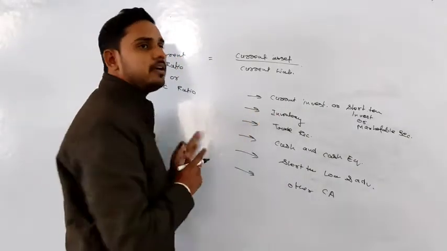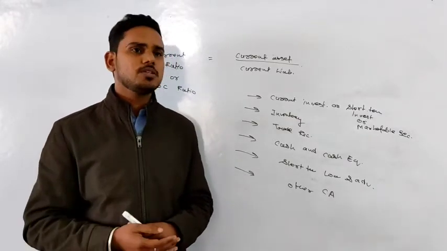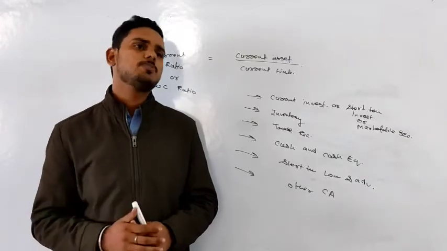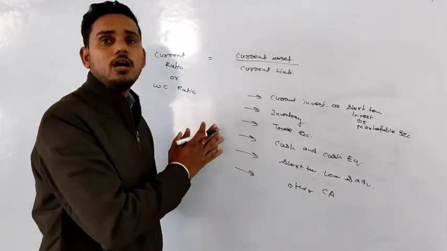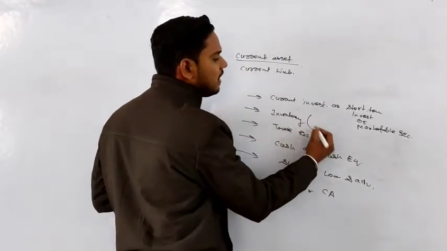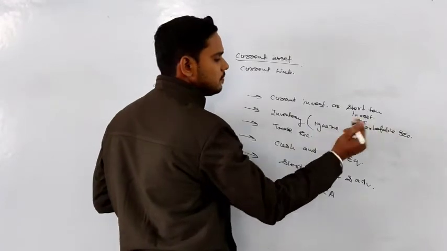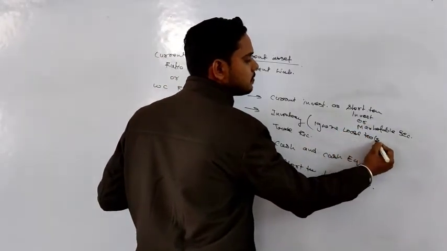Second one is our inventory. Inventory means, as you know, raw material, WIP, finished goods, like stock, as well as loose tools, spare parts, right? But in the first formula, whenever we consider inventory, we have to ignore loose tools and spare parts.